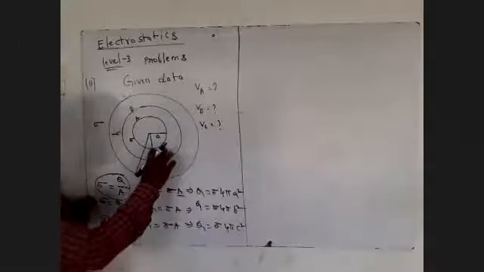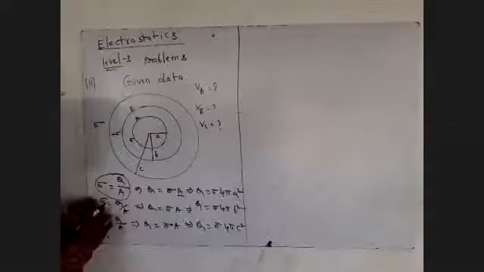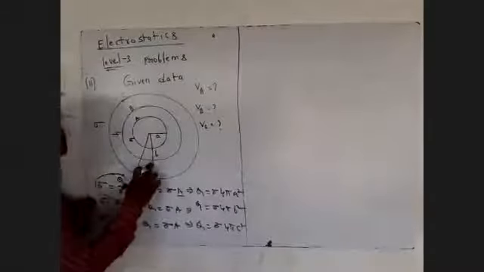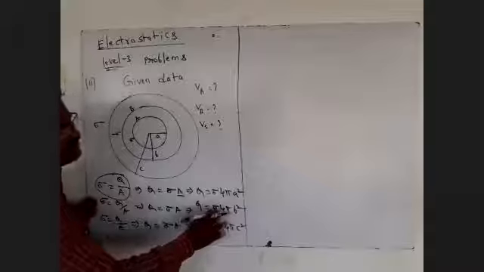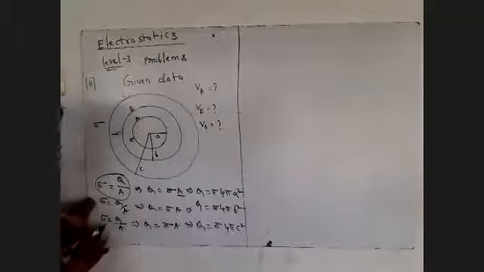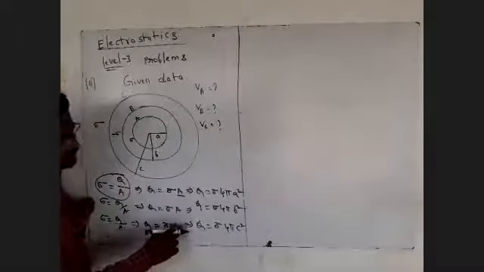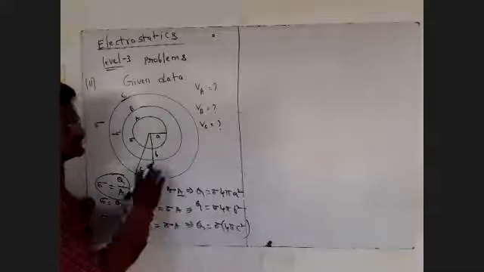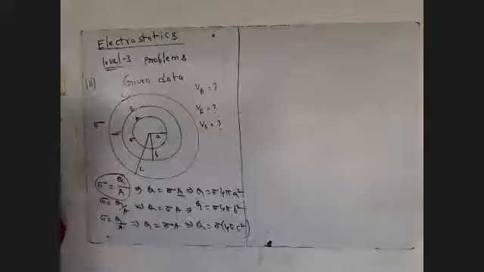That is the first concentric shell. Then for the second concentric shell, charge by area gives Q is equal to sigma 4 pi B square. And for the third, Q is equal to sigma times the surface area of shell C, which is 4 pi C square.